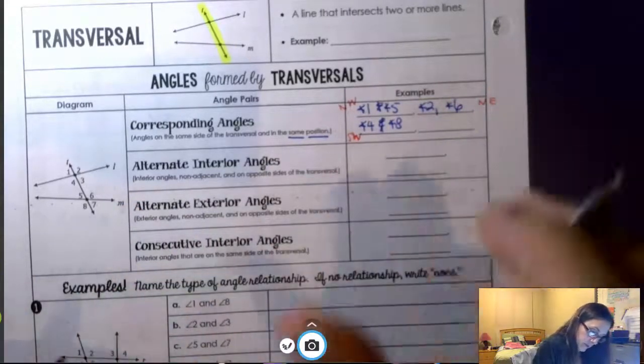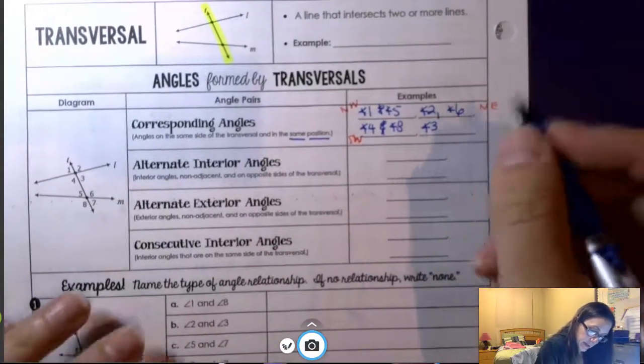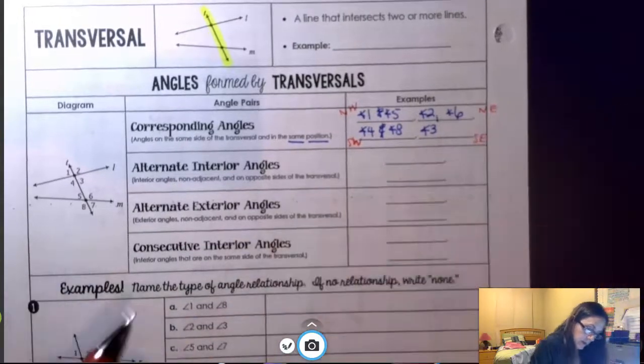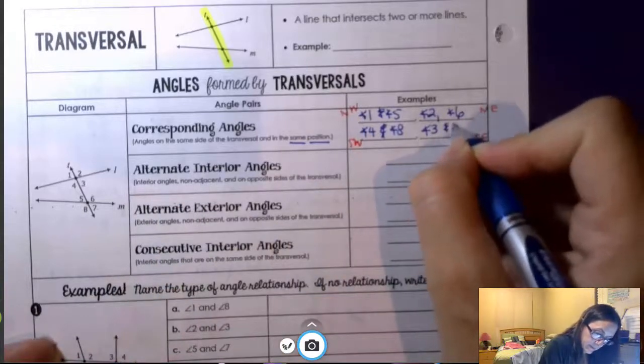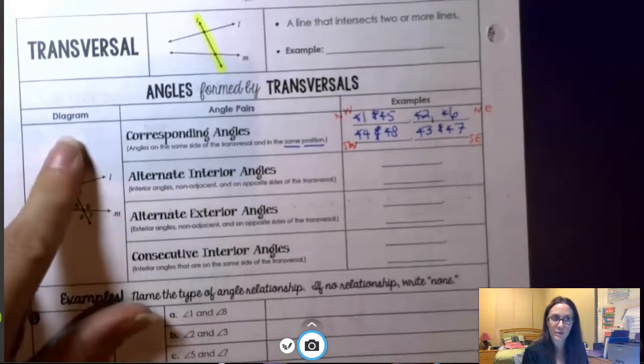Here, angle 3 is in the southeast. So in the southeast here is going to be angle 7. So here we have to pick the same corresponding position.